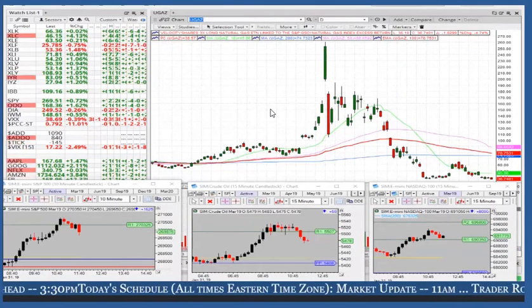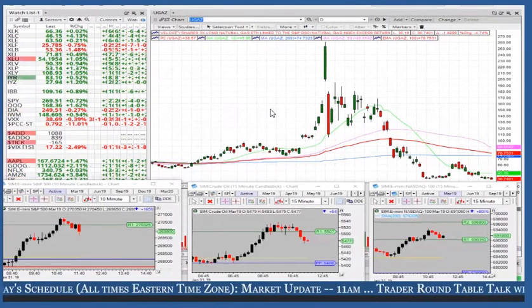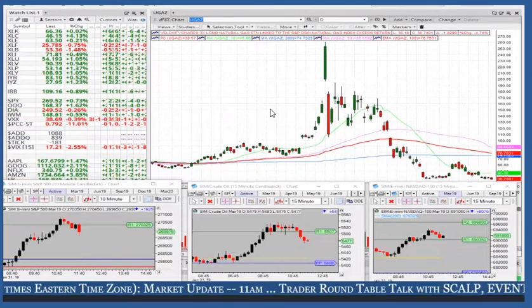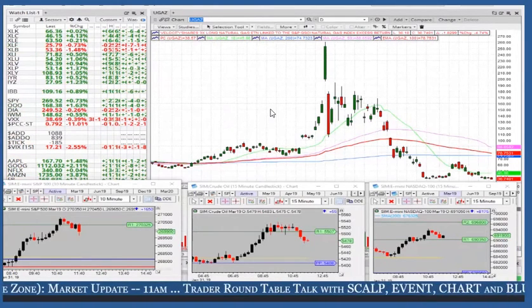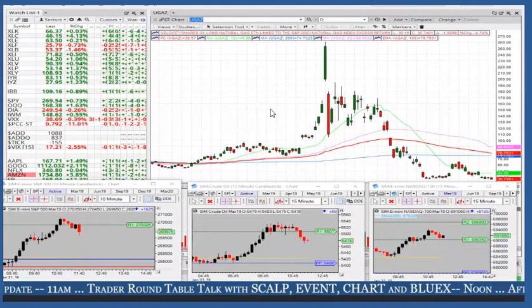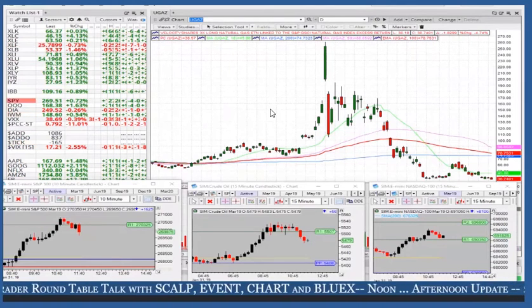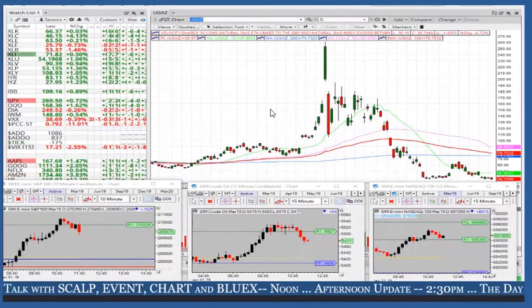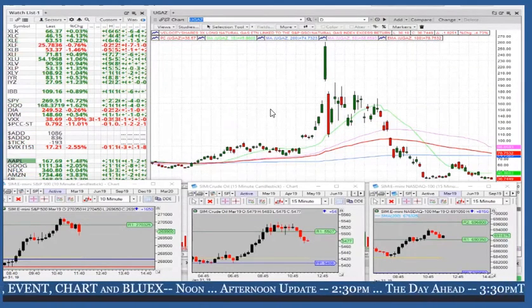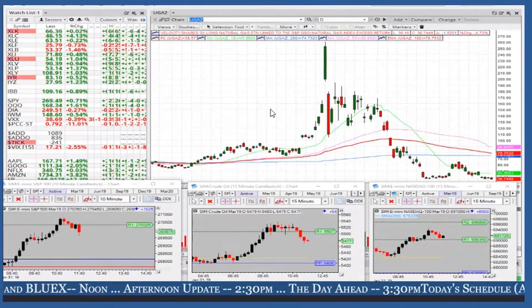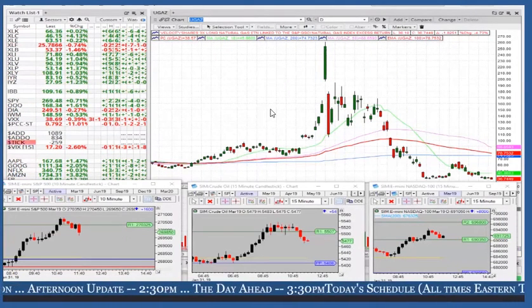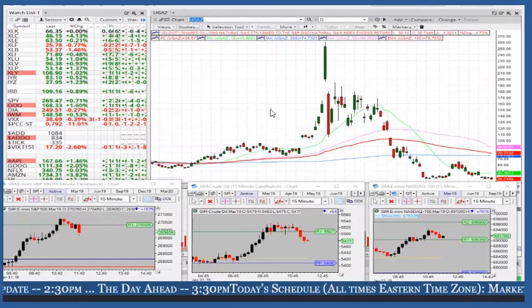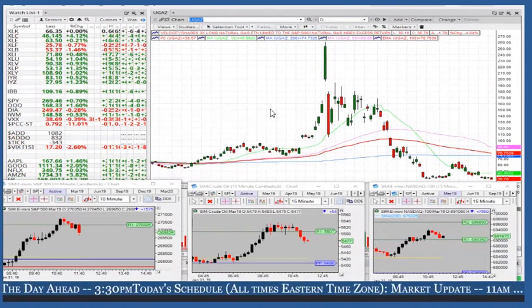You feel like this is a great entry, but maybe it's not, and you'll get a better entry in the next 20 to 30 minutes or next hour. So what I typically do, when I feel like something is compelling and I need to get a position on, is start out half size, giving myself enough room to scale into the position another half if necessary.